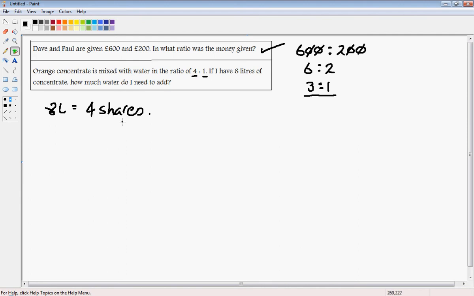So what we need to do is find out what 1 share is so that we can find out how much water we need. So 1 share would just be 8 divided by 4, which would give me 2 litres. So this is 1 share.